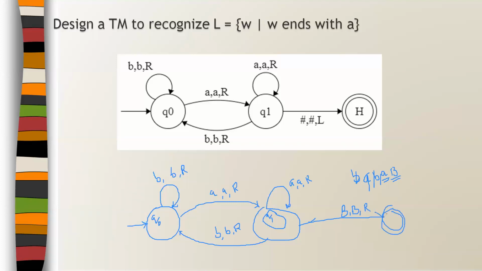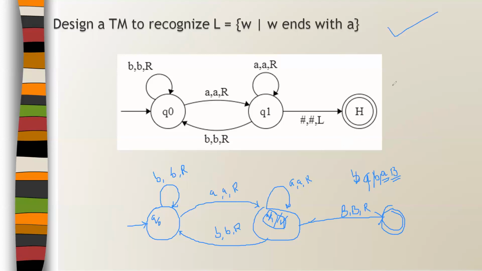In the case of a Turing machine, we can't make this Q1 the final state, because the blank symbol is essentially required to confirm that all the symbols on the tape have been read. So this is a simple example of a Turing machine that can recognize a particular language.